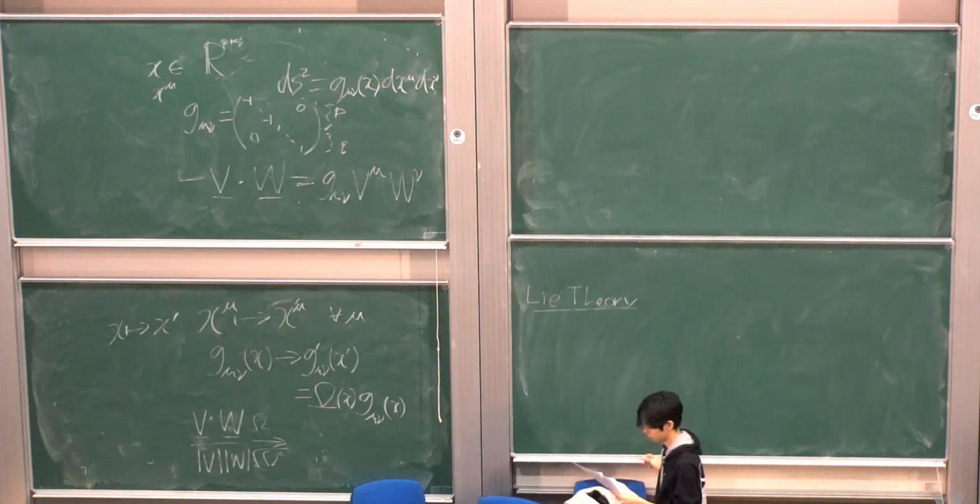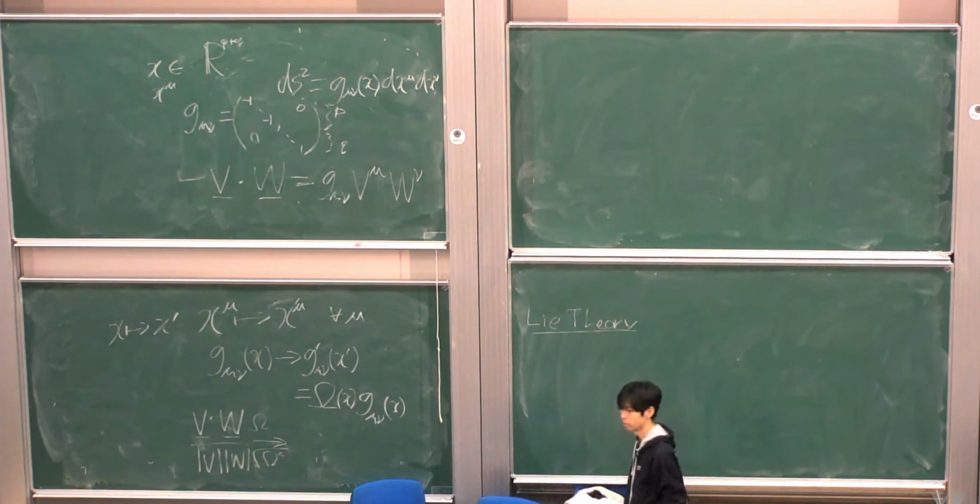Yeah, back to Lie theory. So I just talked about manifolds a bit. The definition of a manifold is a space that is locally flat enough to be considered as a Euclidean space, which allows you to do calculus locally. So it's a locally differentiable space.